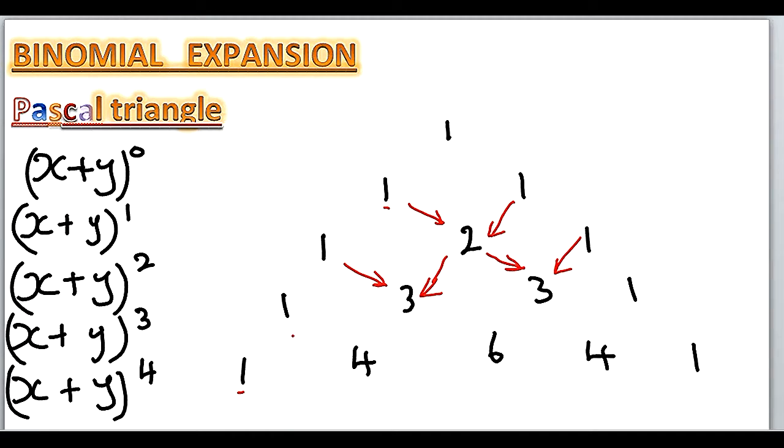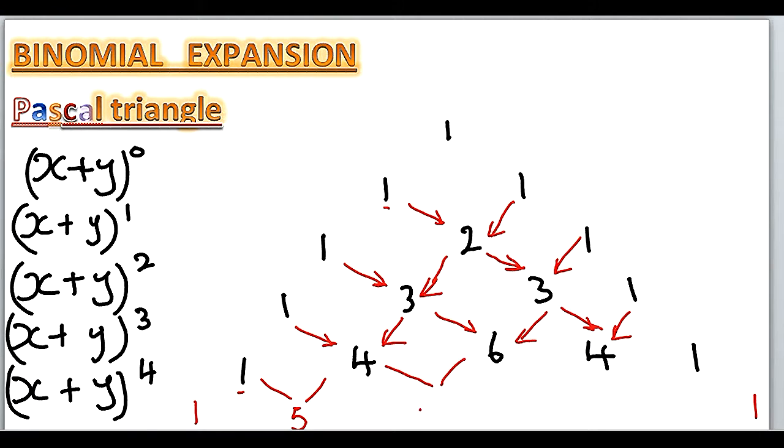Here you add 1, you add 3, you get 4. We add 3 here, we get 6. We add 3, we add 1, we get 4. Meaning, with this pattern, we can generate the next row. Since it starts with 1, then we can put 1 there. Then when you add 4 and 1, you get 5.